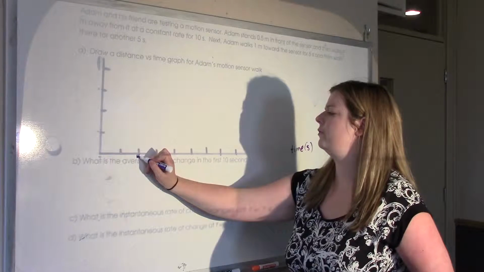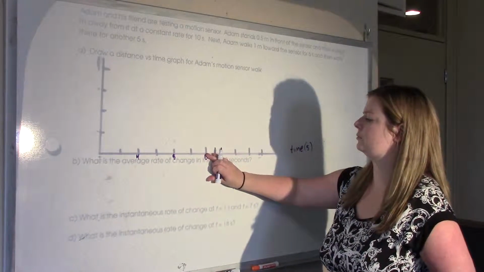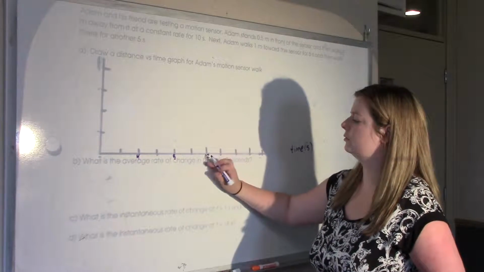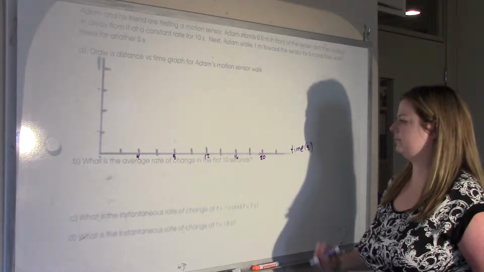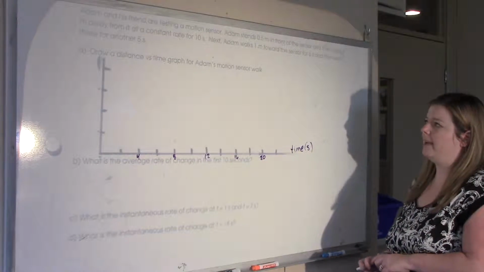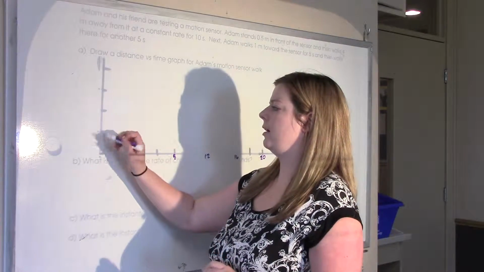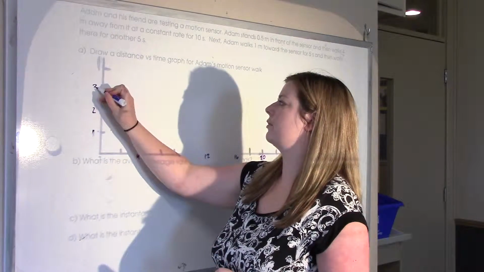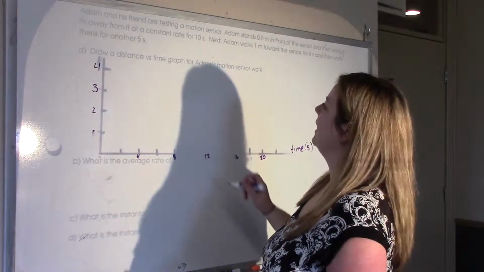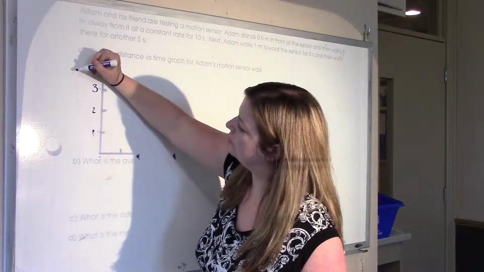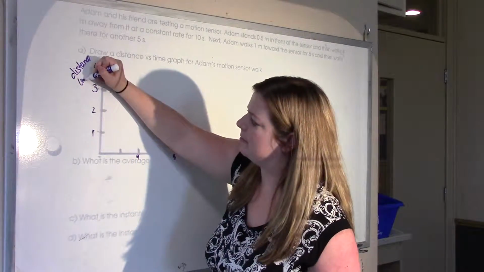So 2, 4, 6, 8, 10, 12, 14, 16, 18, 20. Okay, and we need 4.5, so I'll just do 1, 2, 3, 4, and then I have room for a 0.5, and that is distance. And it's given in meters.